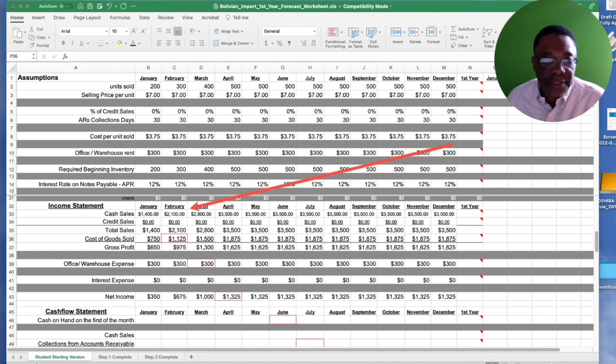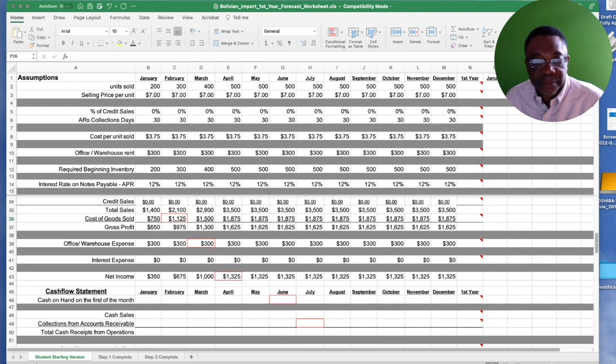As you can see, I populated the income statement from January, February, March, all the way through December. We have total sales of $1,400 in January, $2,100 in February, $2,800 in March, $3,500 in April, and $3,500 in each month from May through December.